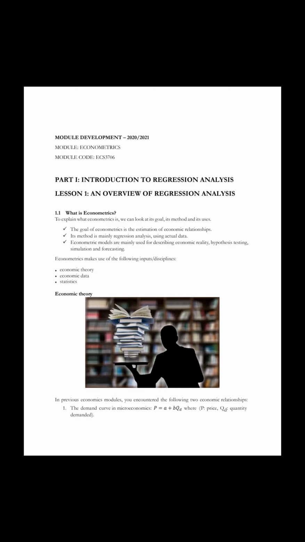And then the main method, like I said, is regression analysis, and we are going to be making use of actual data in this instance. And then econometric models are mainly used for describing economic reality, hypothesis testing, and simulation and forecasting, right?